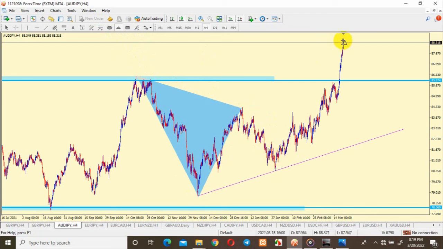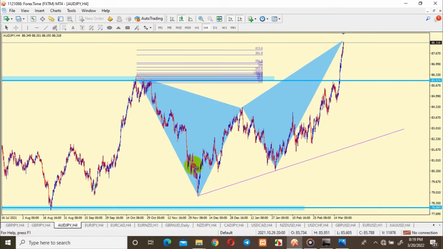And if you look at this harmonic pattern, we have either butterfly or crab that is playing out there. Butterfly or crab. But let's see if we're correct.